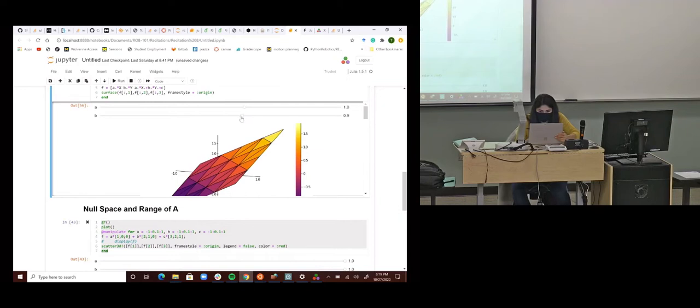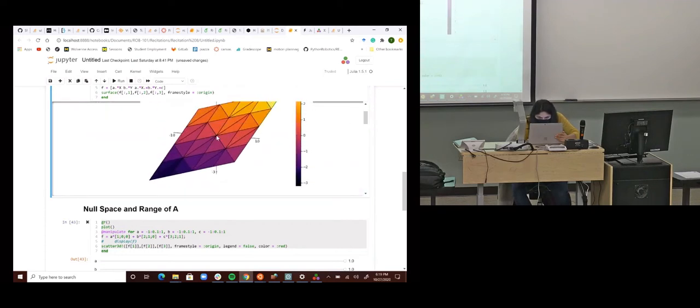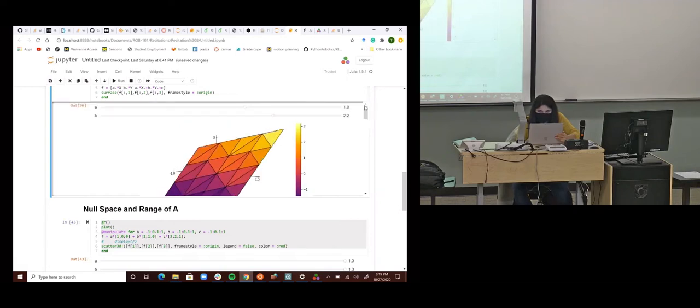So then, for different values of b, you can still see that it's a plane, and it'll always pass through the origin. It's a little hard to see, but the origin is always this center point right here. And no matter what value of a you choose, you'll still get a subspace in R3.